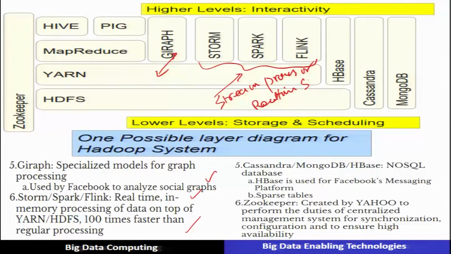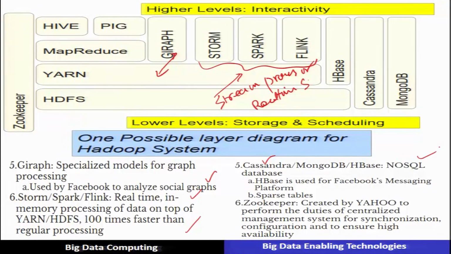Now we are going to see the storage part, how big data can be stored. Most of this big data is stored in the form of key value pairs, and is also known as a NoSQL data store. This NoSQL data store can be supported by databases like Cassandra, MongoDB and HBase.